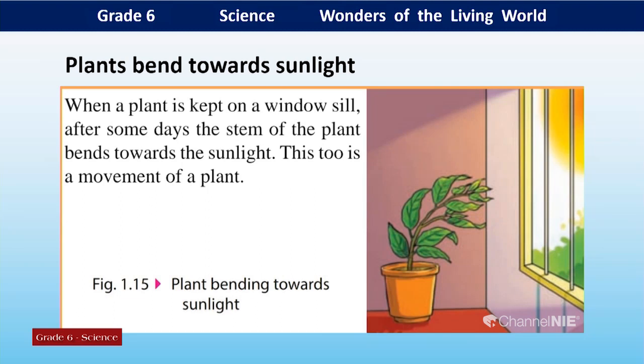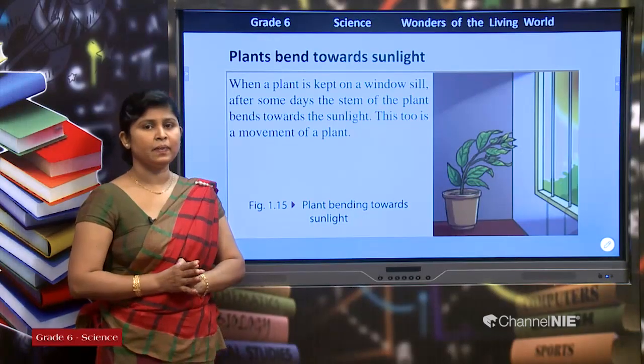You can see that there is a window, right. Look at the picture given on the screen. There is a window, a potted plant is kept closer to the window. Then when we observe it for several days, you can observe that the upper part of the plant has bent towards the sunlight.